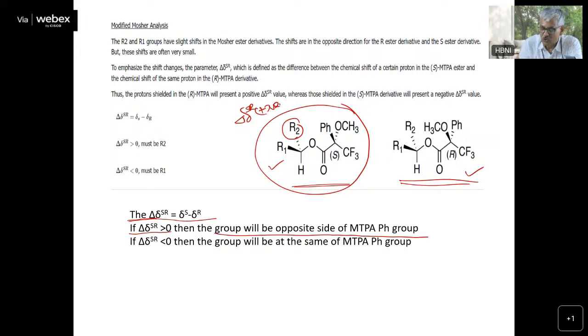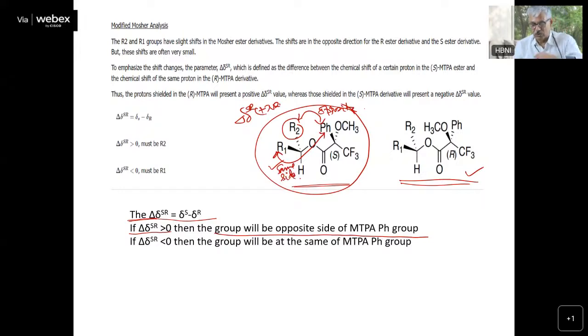That means the phenyl group will be opposite to this group. How do we know that? This is the relation. So these two will be on opposite sides of each other. If delta delta SR is less than 0, then this phenyl and this R1 will be on the same side.